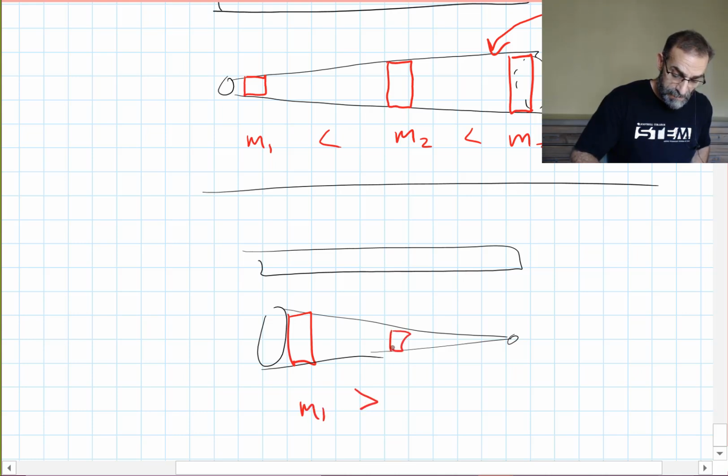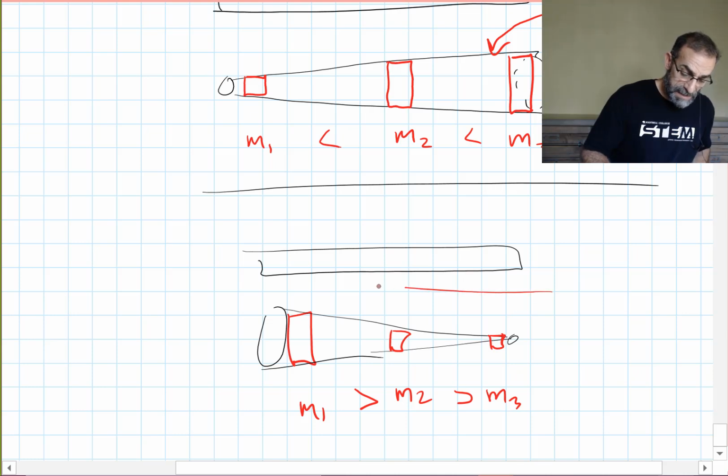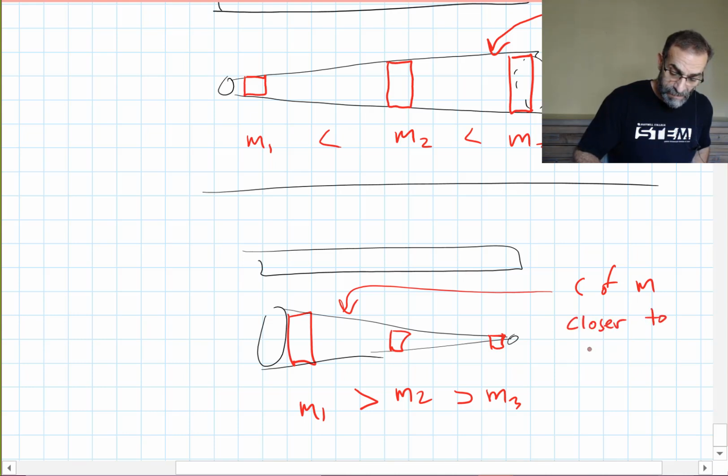M1 is greater than M2 is greater than M3. And where's the center of mass now? Center of mass is going to be shifted over here. It's always going to be closer to the heavier end.